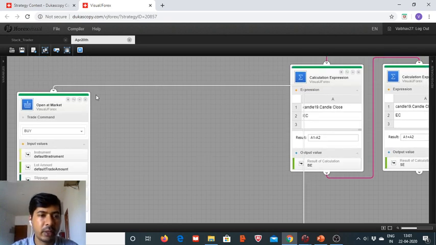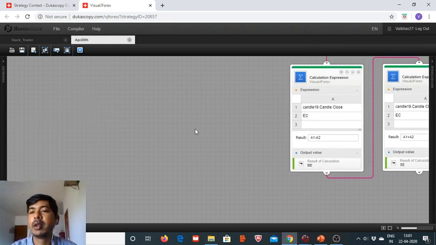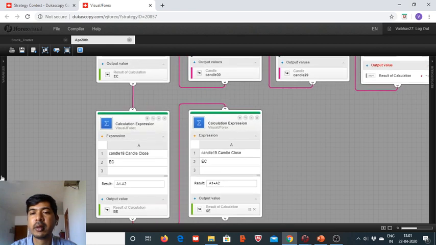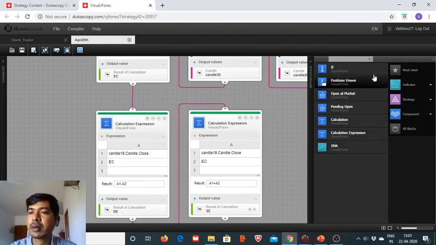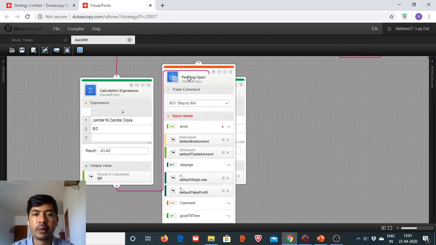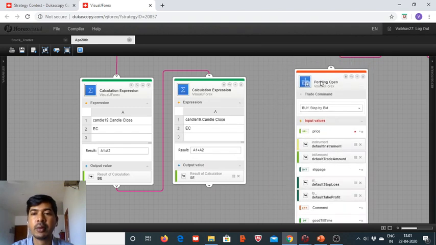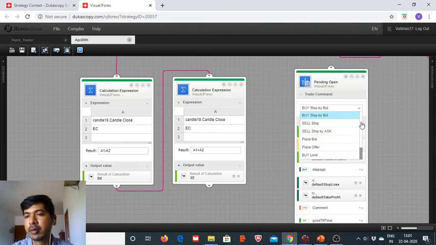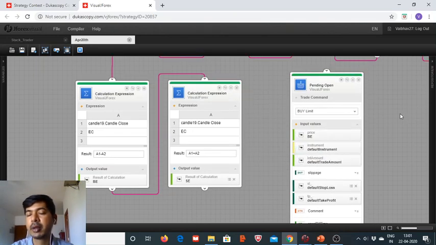Now as we are dealing with these market opens, we will need to bring in the pending order. So here we will need to look at the buy entry point, and it will be a limit order, so it will be buy limit.